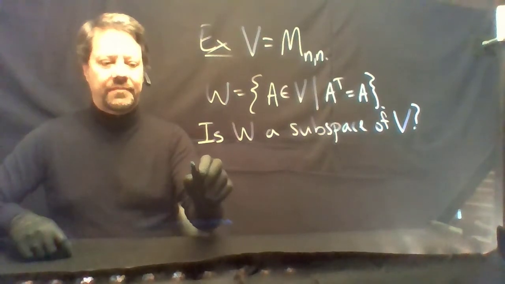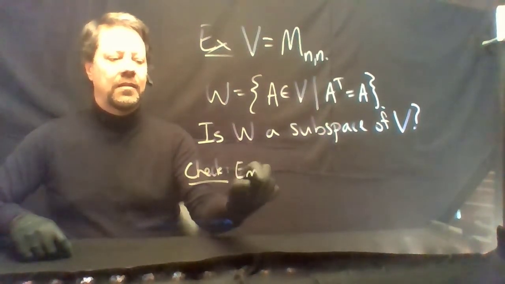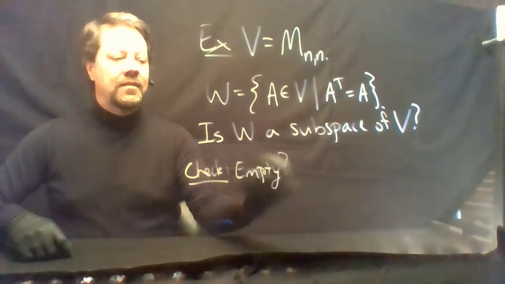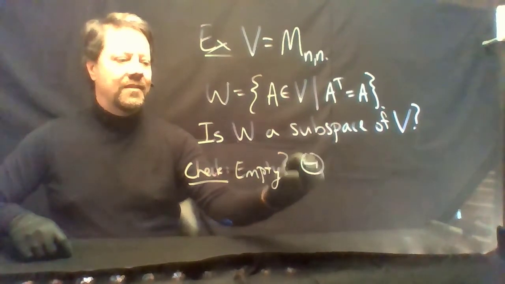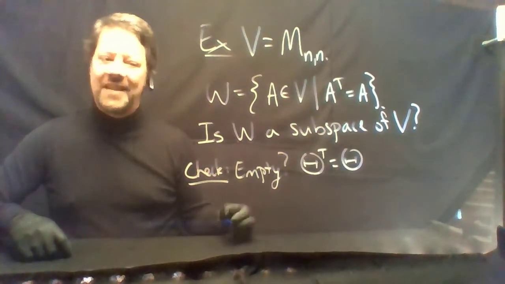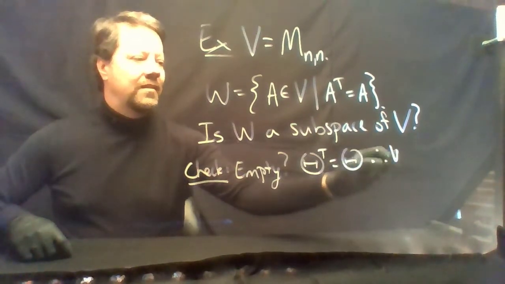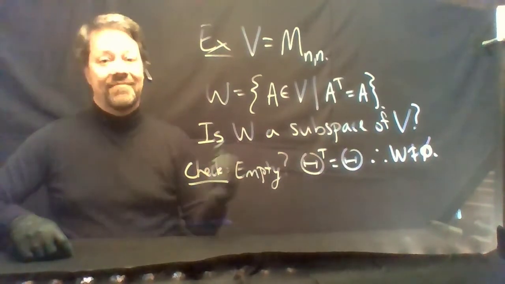First of all, here's our check. Empty? Well, the zero matrix has transpose equal to itself, and that means W is not empty. That's a good check.